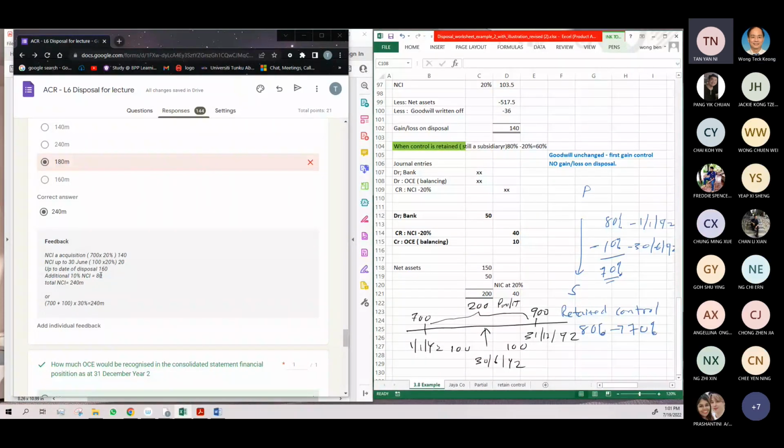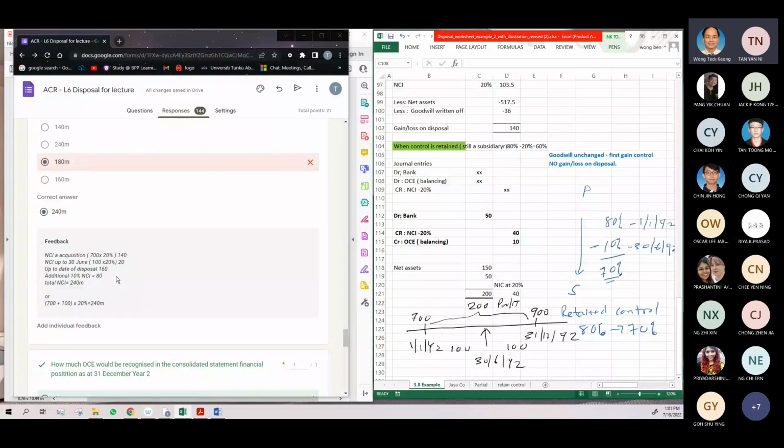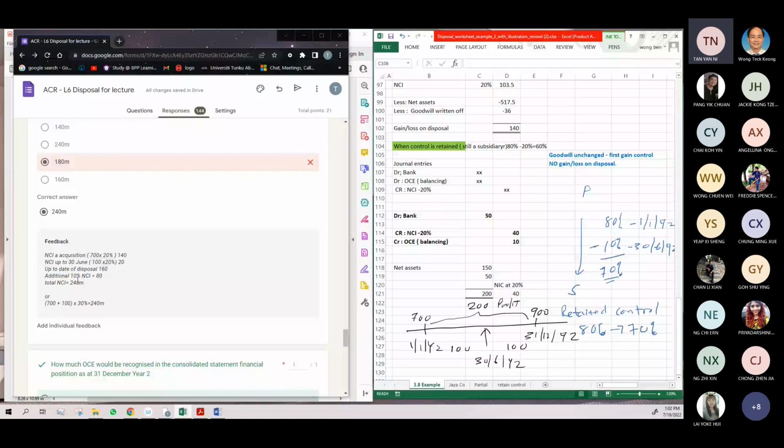Then the parent disposes of, sells 10%. So NCI bought 10%, so NCI increases by 80. 160 is 20%, and 80 is the 10%, half of the 160. So your total is 240 for 30% NCI. Understand here? Okay, good.